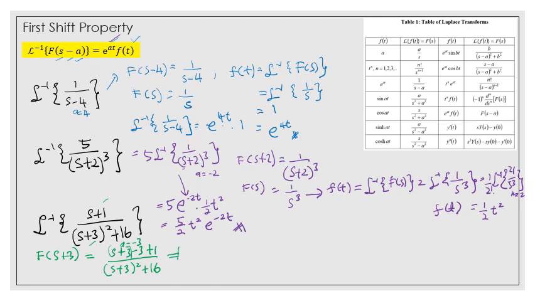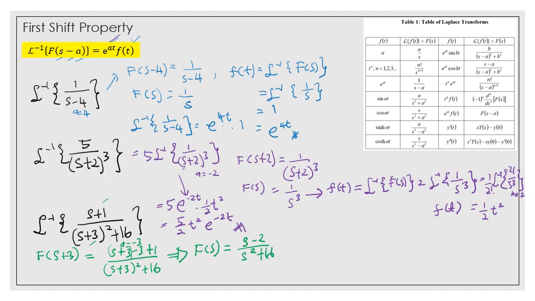So when we get the f(s plus 3) form, then we convert into f(s). When we have f(s), every single s plus 3 we change into s. So this s plus 3, we change into s. Alright, so the left one here is minus 3 plus 1, which becomes 1 minus 3 equal to minus 2, over s plus 3 here becomes s, so s squared plus 16.